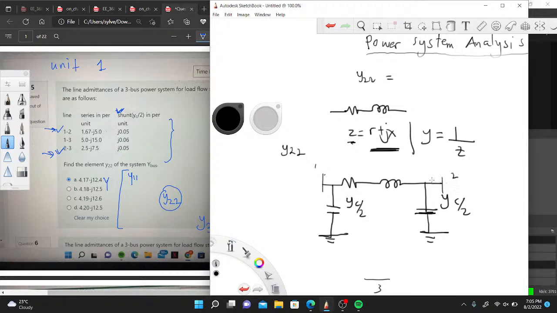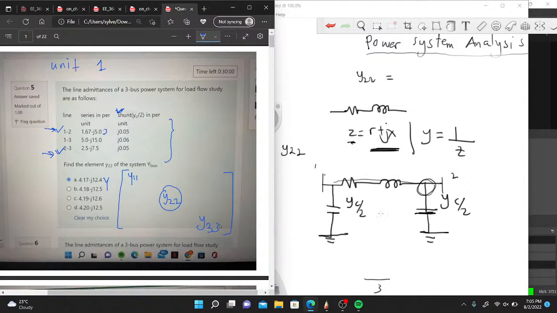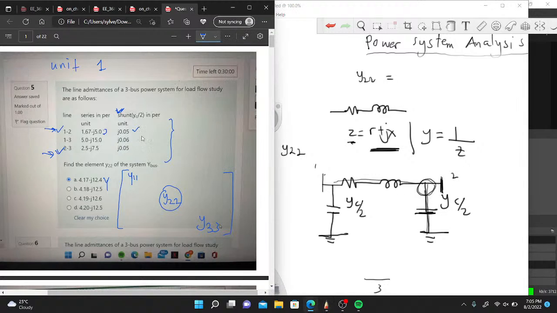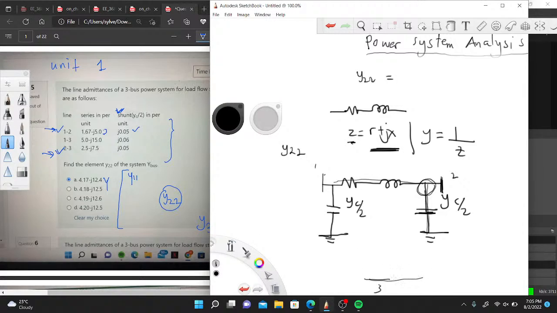So connected to bus 2 here, I have this impedance, which is this. Then I also have this YC over 2 connected to bus 2, which is this. Then the one coming from 3 to 2 also has another resistor connected to bus 2.